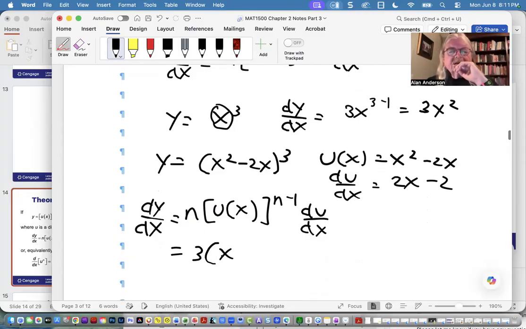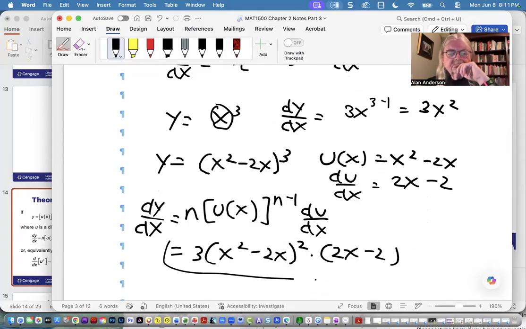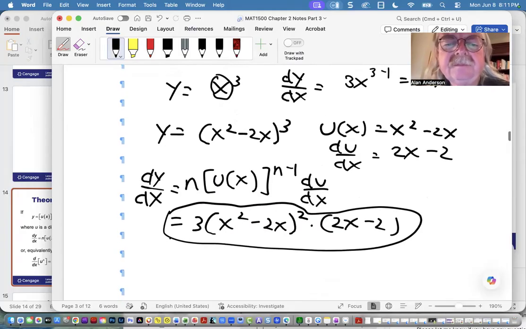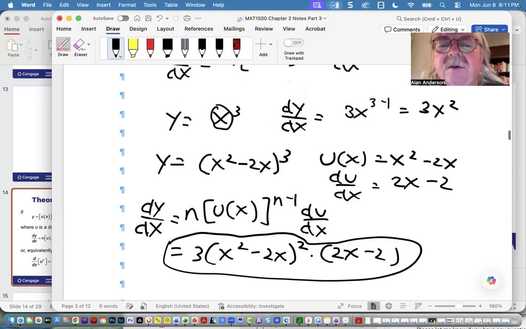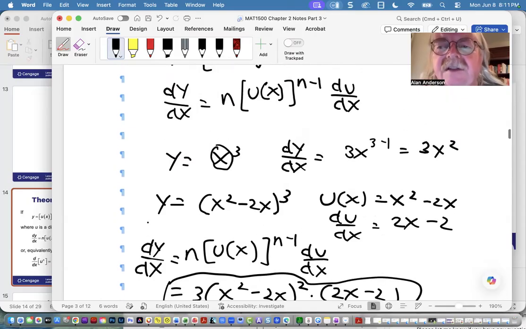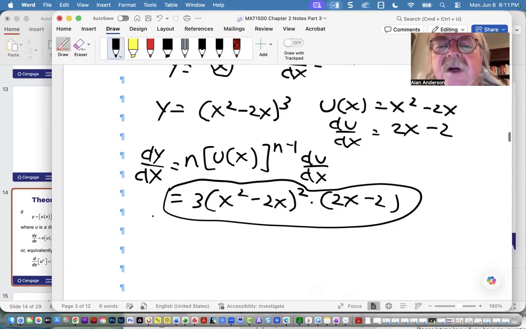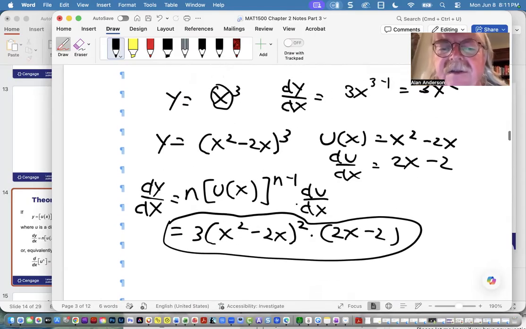U of x is x squared minus 2x, n minus 1 is 2, and then all that gets multiplied by this 2x minus 2. And then you can simplify it if you want, but that's the bottom line. Again, we'll get plenty of practice with these, but what starts happening here is that you're applying the power rule to a more complex function. Instead of x cubed, for example, it's a polynomial raised to the third power. And that's why suddenly we need this du dx term at the end.